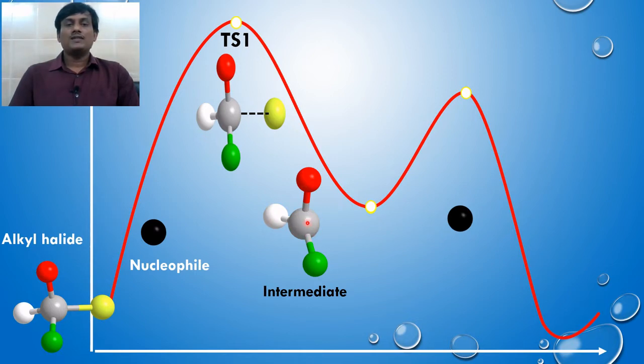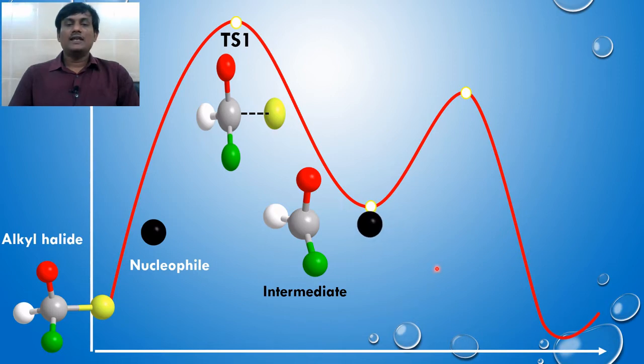From transition state 1 to the intermediate, there is a decrease in energy. After that, since it is a planar molecule, there is a possibility of the nucleophile attacking from the front side and also the back side.